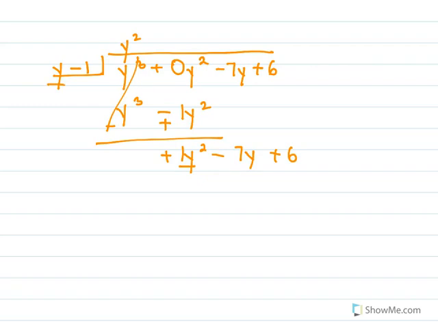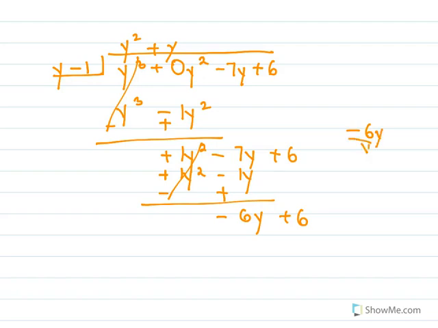Now again I divide these two terms, so this becomes plus y, and when I multiply I get plus 1y square minus 1y. Change the sign, cancel this, this becomes minus 6y plus 6. Now when I divide minus 6y and y, I should get minus 6. This is minus 6 here. I'll multiply minus 6, change the sign, 0.